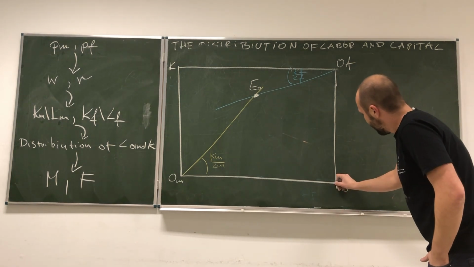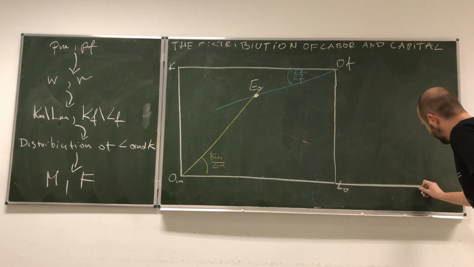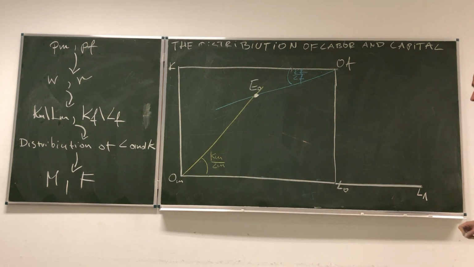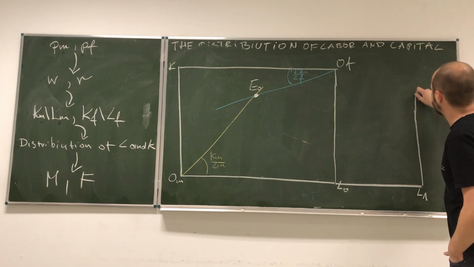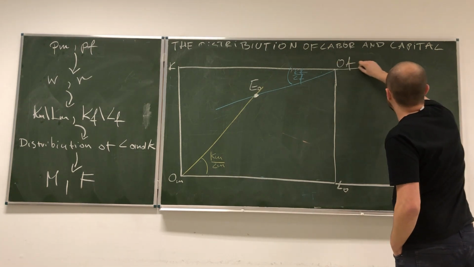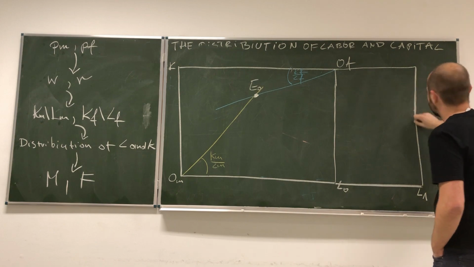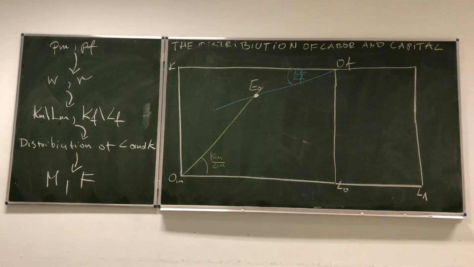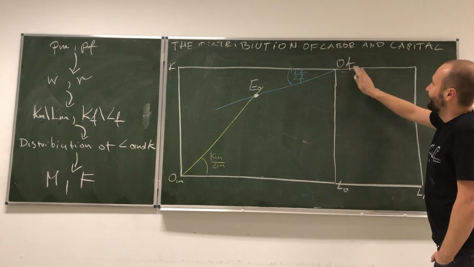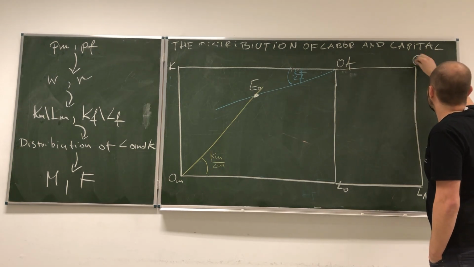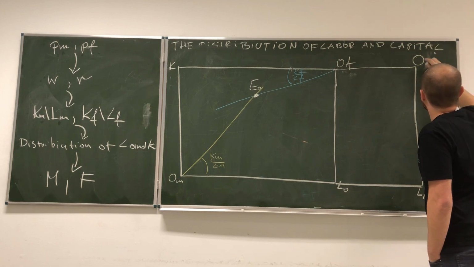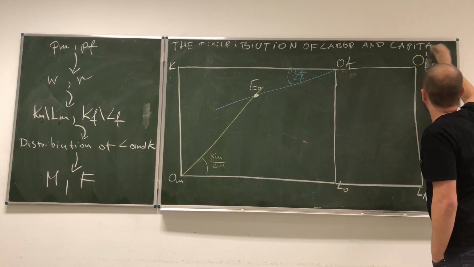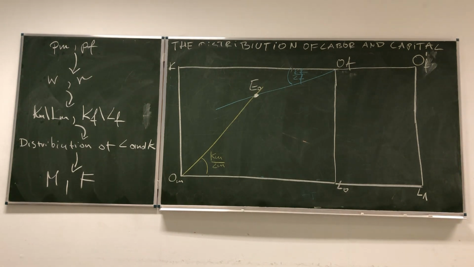Well, now we would have more labor, but we would have the same capital. So look, now the origin for the food industry is moved over here. Let's denote it with a prime.